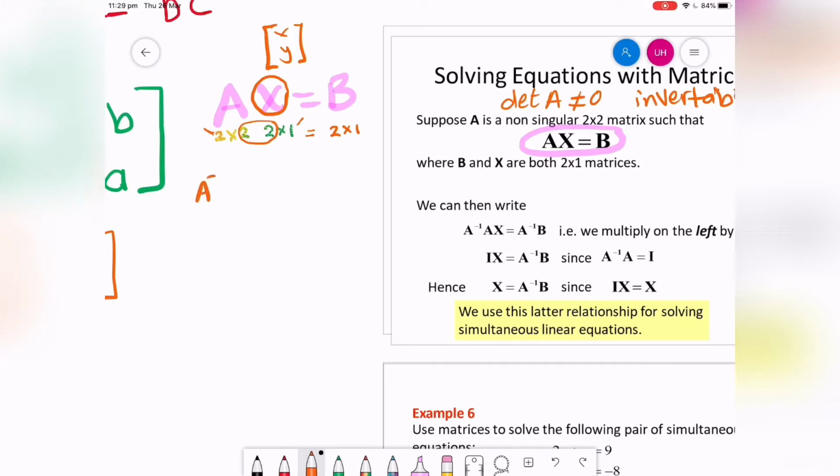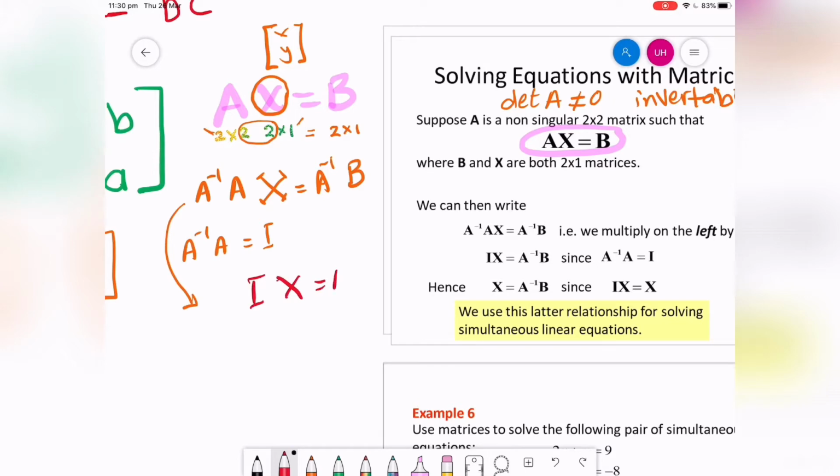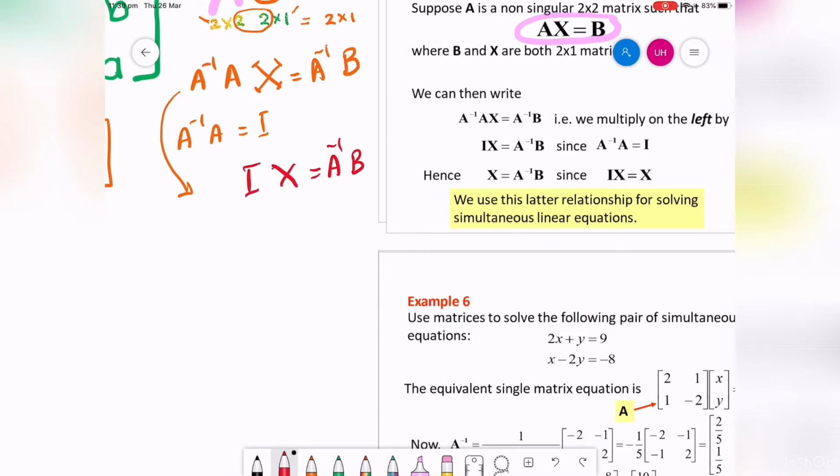So A inverse times A times the matrix X equals A inverse times B. Because we already know that A inverse times A equals the identity, which is I, this becomes I X equals A inverse B. Also, when you multiply I by any matrix, you get the matrix itself.